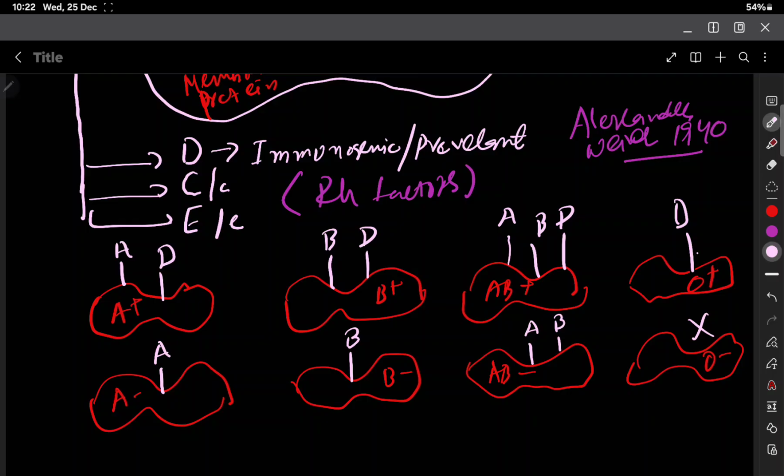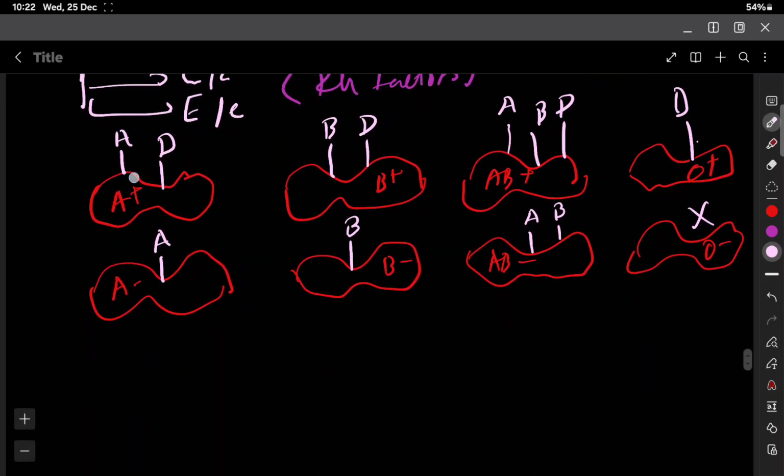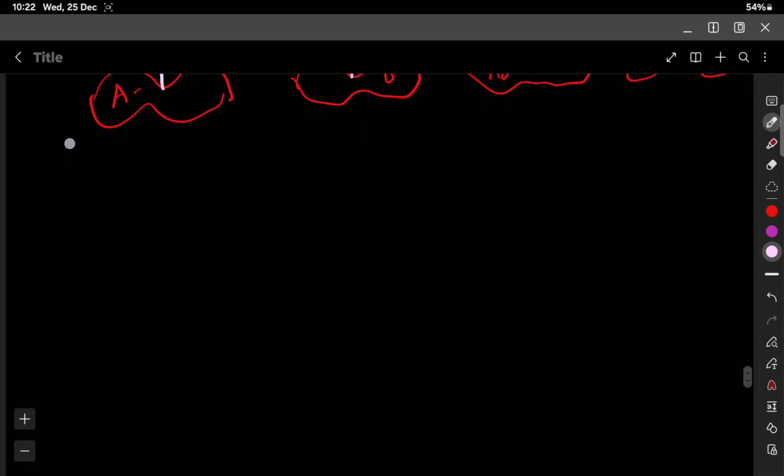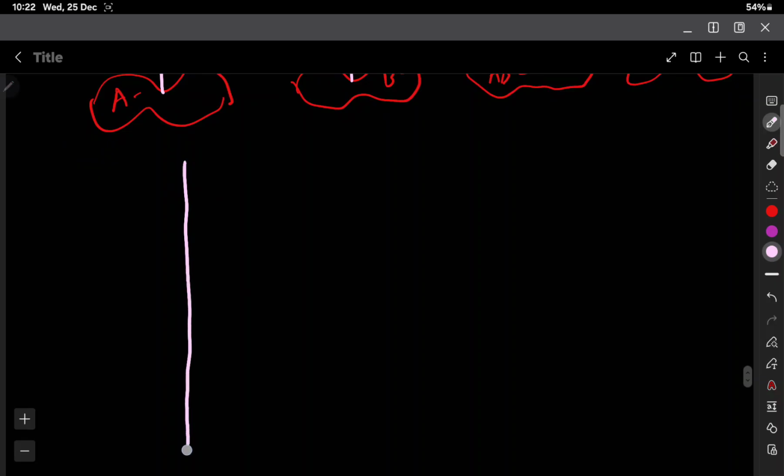Okay, so this is about the Rh. Now we will be studying who can give and who can receive blood. So I will make one table. First, blood type.